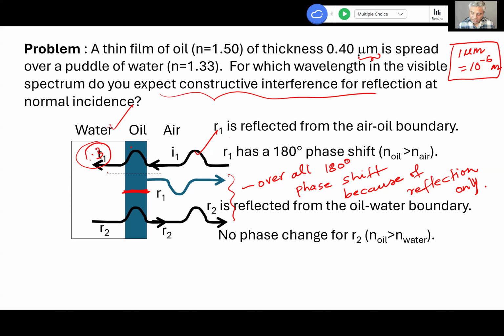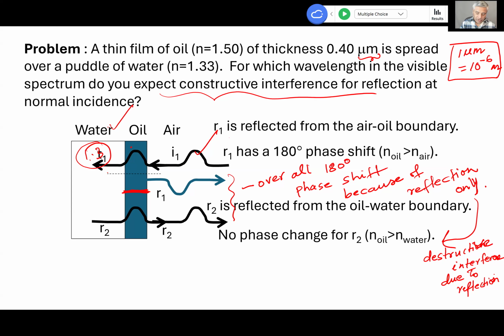So here, the 180-degree phase shift means they're going to go through destructive interference due to reflection only.